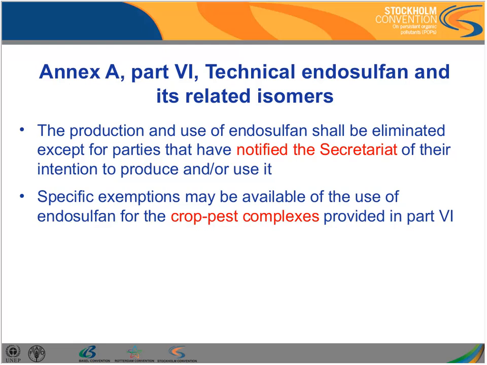This part provides that the parties need to notify the Secretariat in order to exercise this exemption. And the specific exemptions may be available for the use of endosulfan for crop pest complexes. So crop pest complexes is a big table with the names of crops and pests to which endosulfan can be applied in case the parties need to exercise this specific exemption.